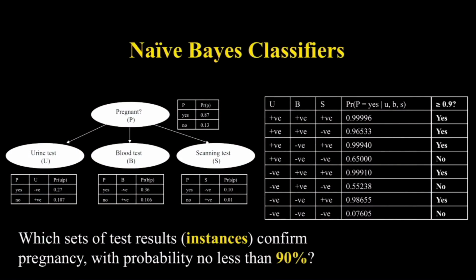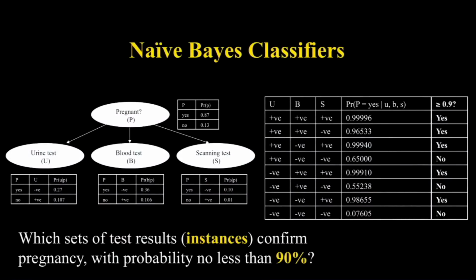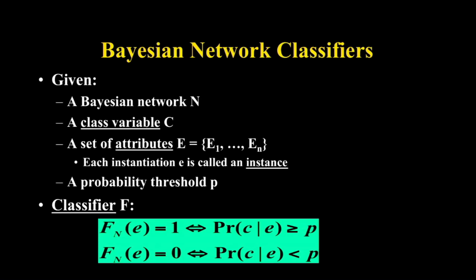And if you look at whether that is greater than or equal to 90%, you see the answers here, yes, no. So the point here is I give you a particular instance, and the bottom line is you map that into a yes or no. And if you map the instance to a yes, we would say that this is a positive instance. If you map it into a no, then that's a negative instance.